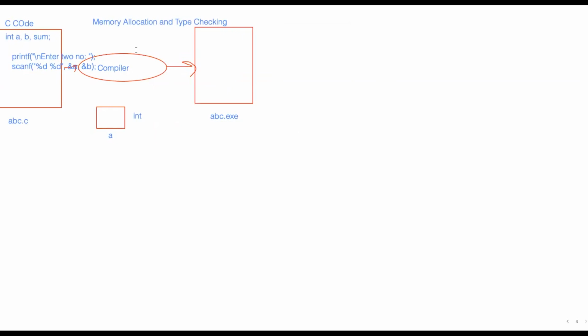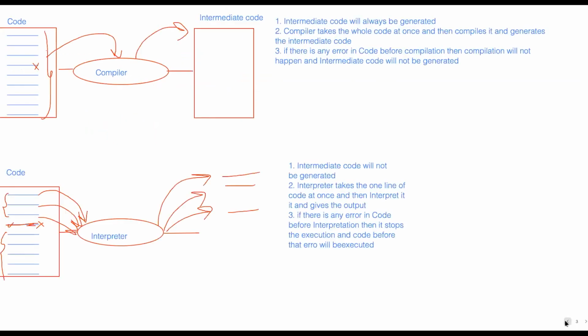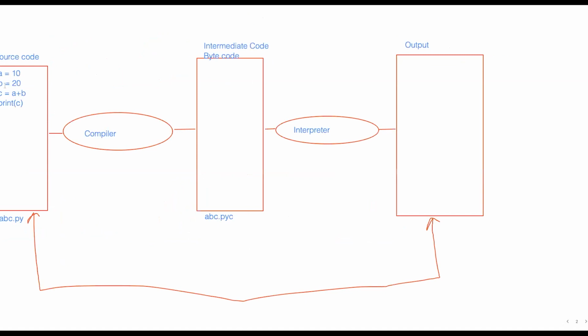Okay. This was the case of C. Similar is the case of Java also, but in Python, what happens when you write the code? Have I written what kind of data type it is? No, not written the data type. So how is it going to understand?